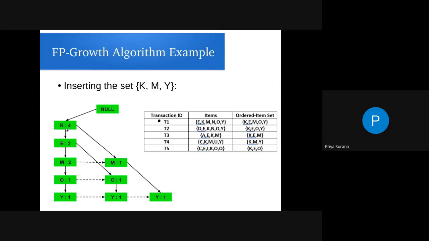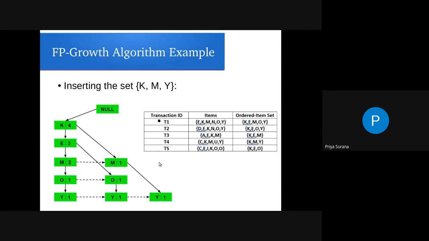So similar to previous step, first support count of K is increased, then new nodes for M and Y are initialized and linked accordingly. So after K, M is inserted, having support count 1. Now Y is inserted having support count as 1. So this is for T4 step.